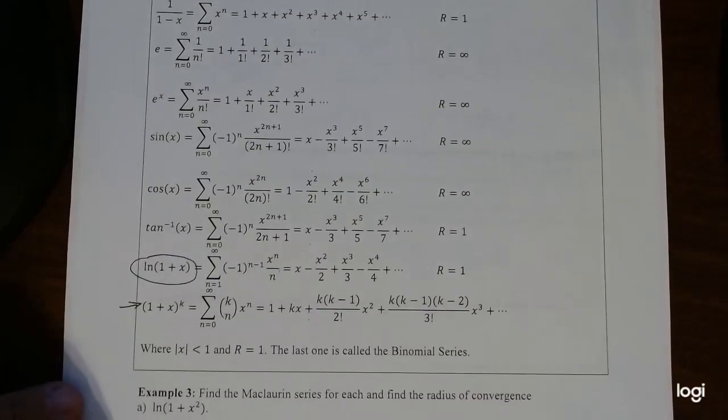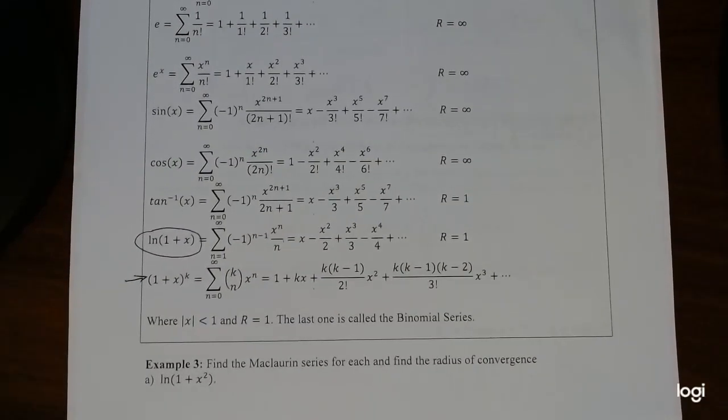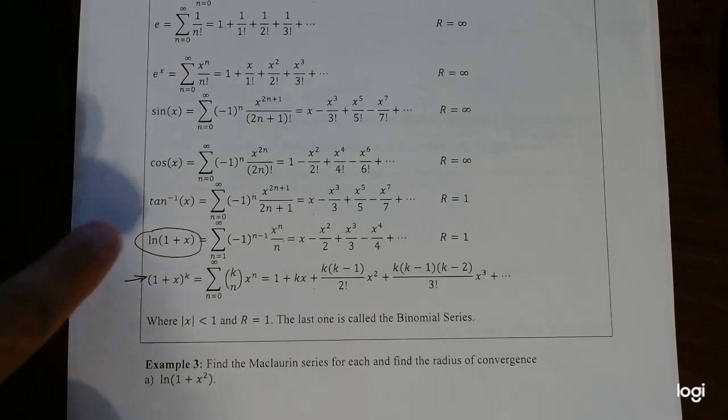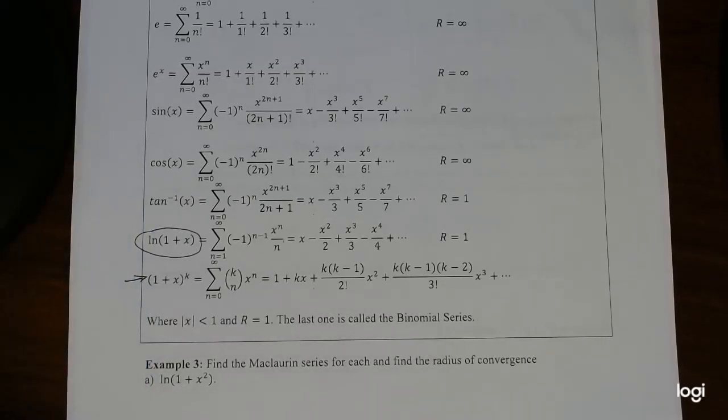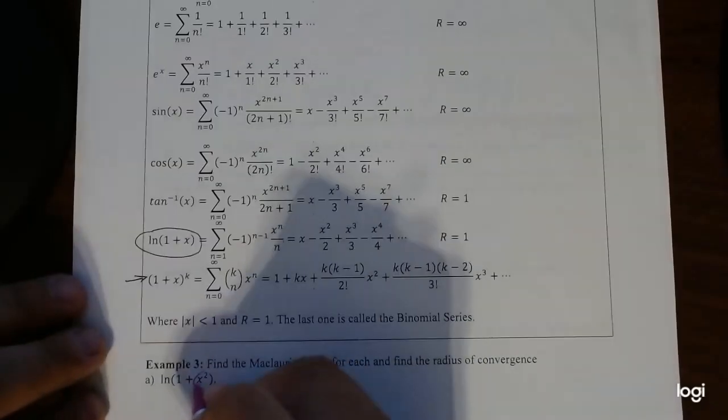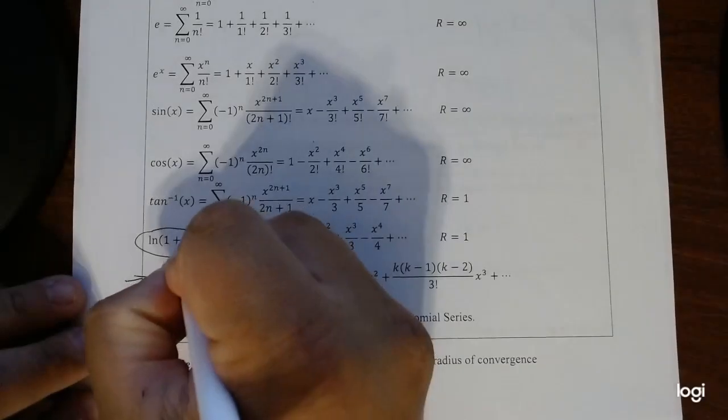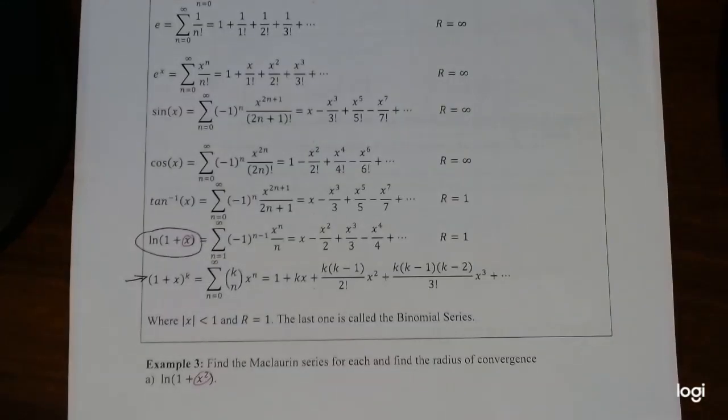We have natural log of 1 plus x, but now we want x squared, which hopefully wouldn't be too bad. Notice the only difference between what we have and what we're given is this is an x squared and this is an x.